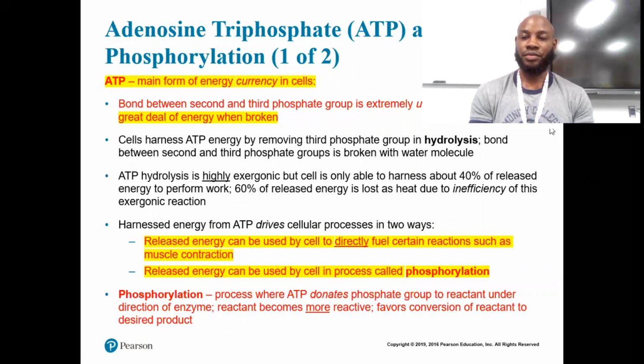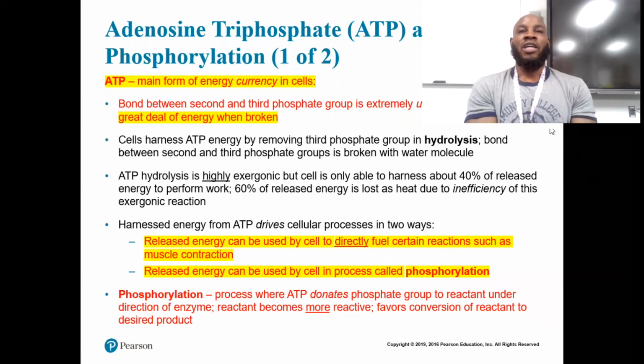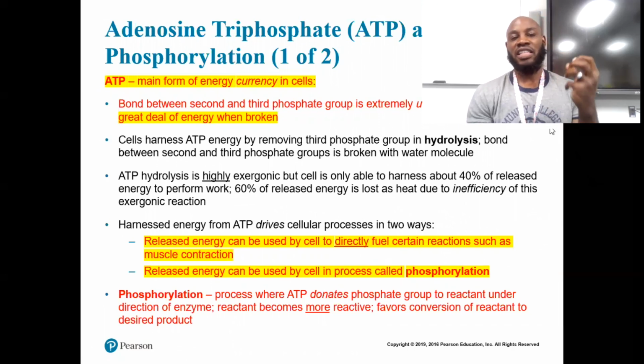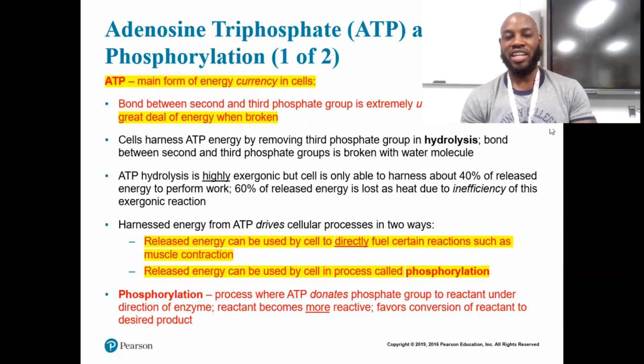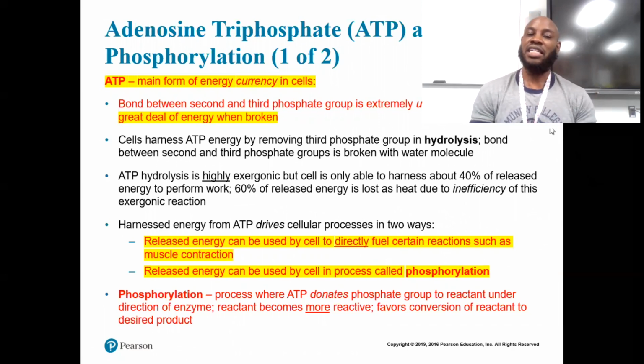ATP is the main energy currency in cells. Even though we eat glucose and fats and amino acids and our body uses those for energy, inside the cell the main gasoline, the main energy source for the cell, is ATP, adenosine triphosphate, mainly because the bond between the second and third phosphate group is extremely unstable.